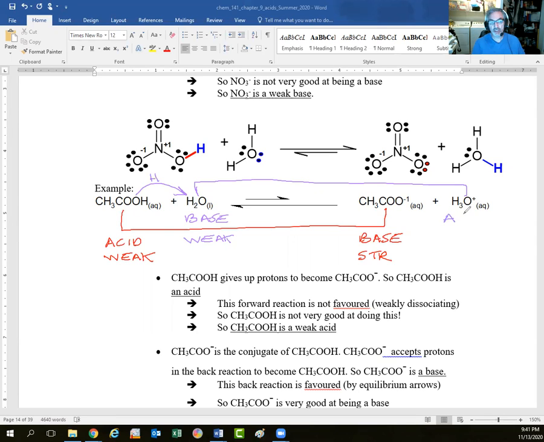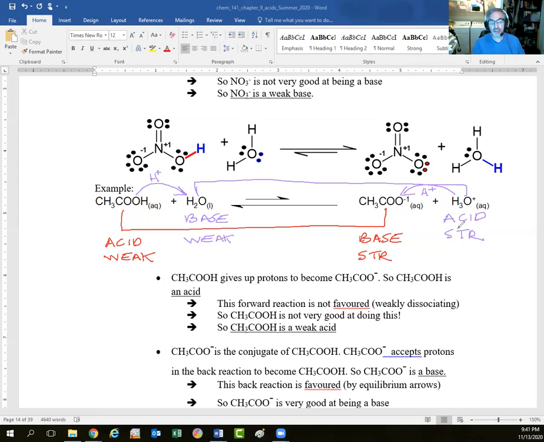It's acting as an acid, and it's part of the favoured back reaction, so it's a relatively strong acid, giving that proton to the acetate.